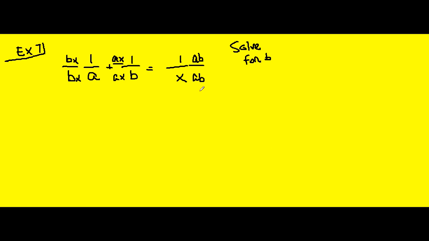And now they all have abx as your denominator. Now I can focus on simplifying the numerators. So it looks like I'm going to have bx times 1 is bx plus ax times 1 is ax. That equals 1 times ab is ab.